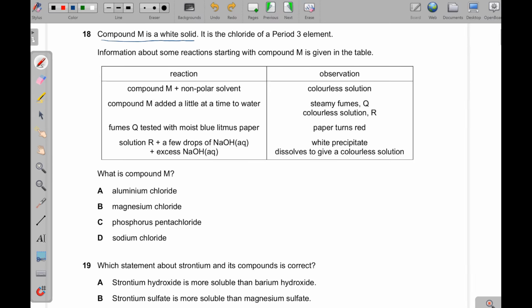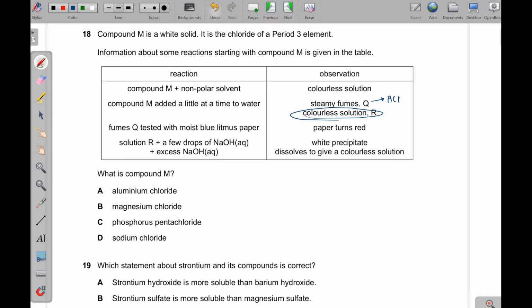Compound M is a white solid. It is a chloride of a period 3 element. Information about some reactions starting with compound M is given in this table. Compound M plus a nonpolar solvent gives a colorless solution. Compound M added a little at a time to water gives steamy fumes Q. We know this is HCl, okay?